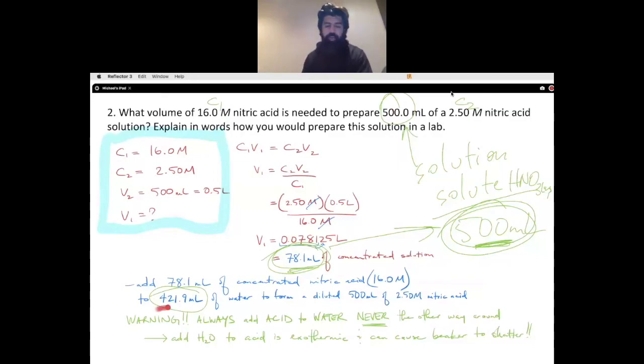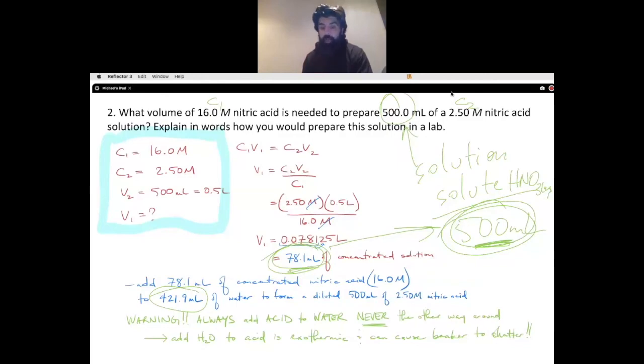So when I add this 421.9 milliliters of water to 78.1 milliliters of this highly concentrated acid, I will end up diluting that acid to this lower concentration, and I will have 500 milliliters.